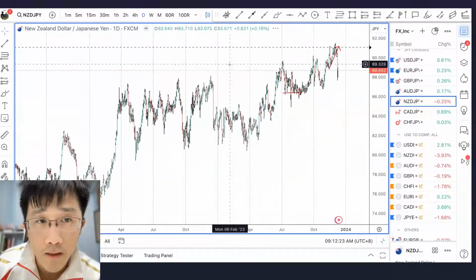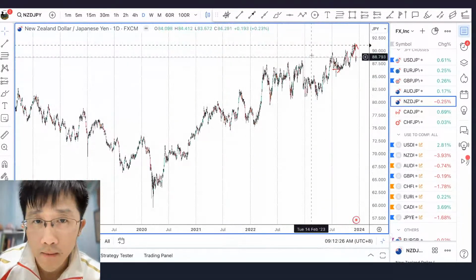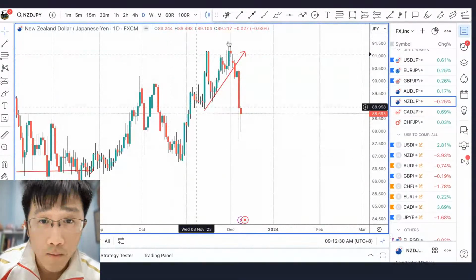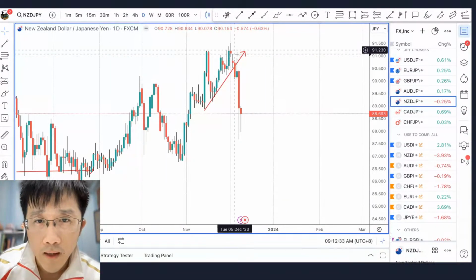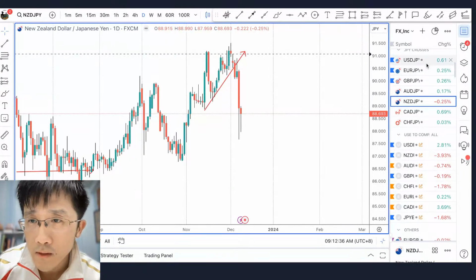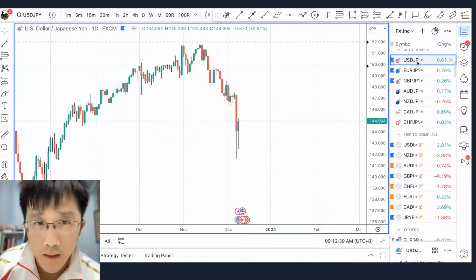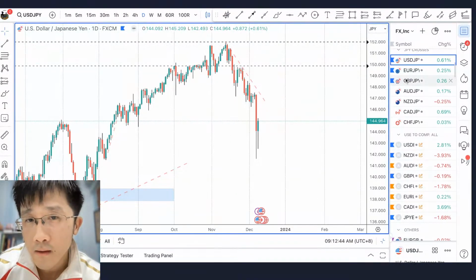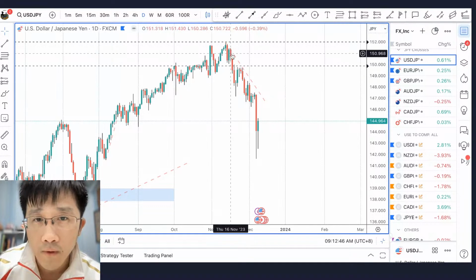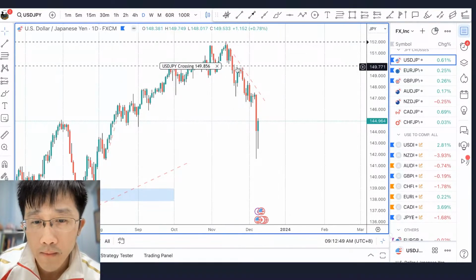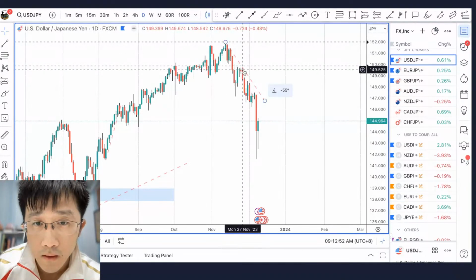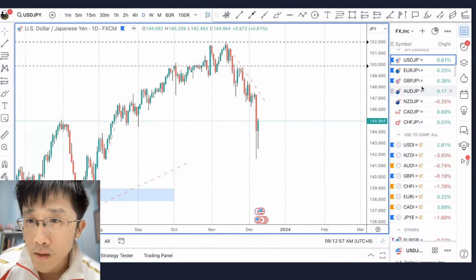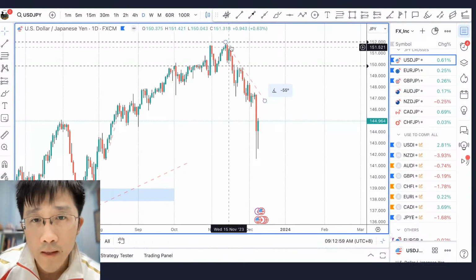But I did mention that it is quite stretched in terms of the move over here, and it depends on the yen as well. If dollar yen doesn't form a new high, and it is already on a downtrend, it is nowhere near the high.